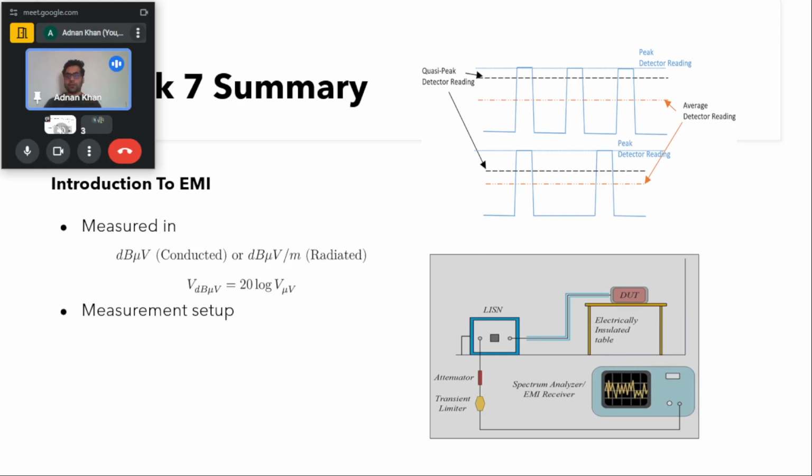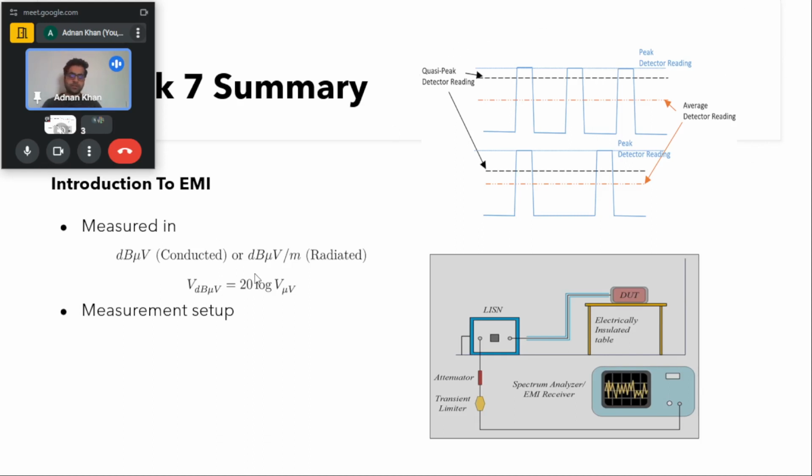If we look at the top wave, which has the higher frequency, you can see the quasi-peak average is higher compared to the lower wave, because the frequency of the lower wave is less than that of the top wave. So the quasi-peak average is higher for the top wave. These were some of the measurements that we look into for this EMI.